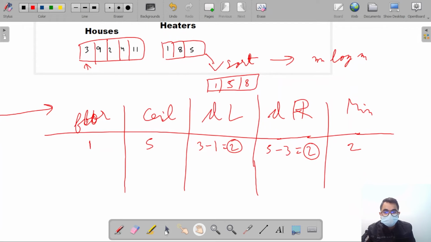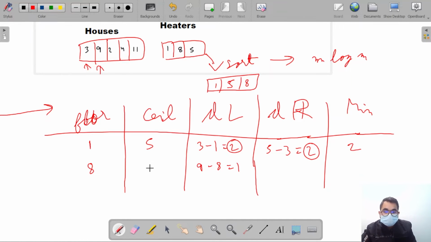Now I'm at position 9. Need to find floor. I will find 8. And the distance from the left will be 9 minus 8 equal 1. Now this is something interesting. I don't have any ceil here.